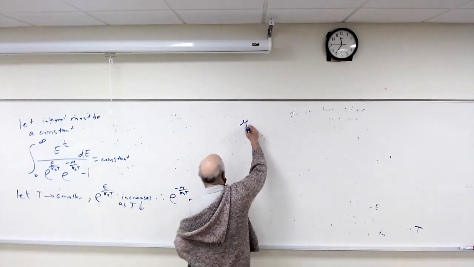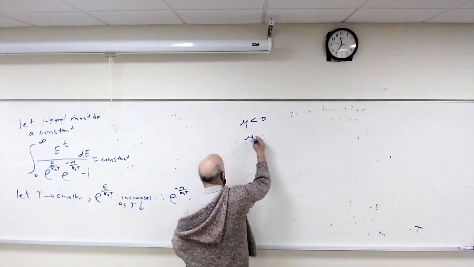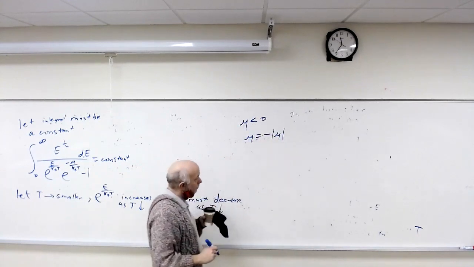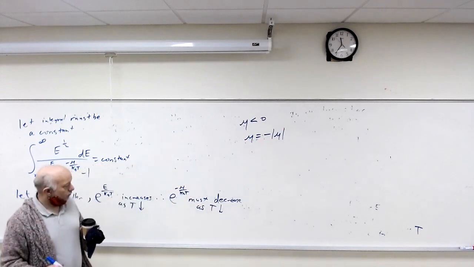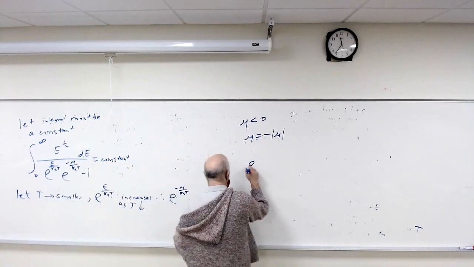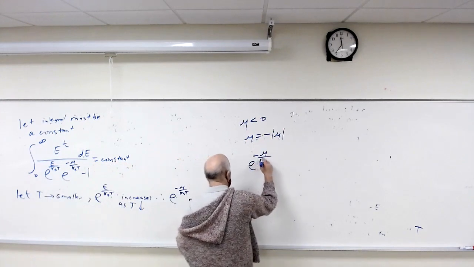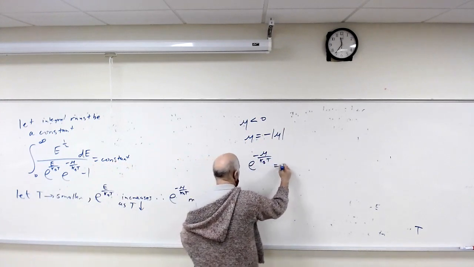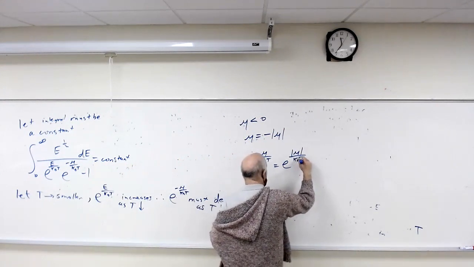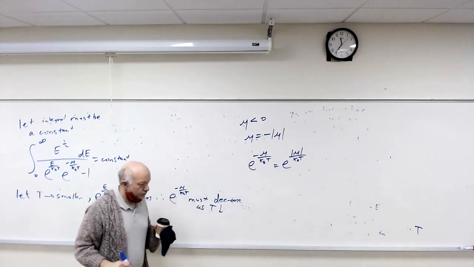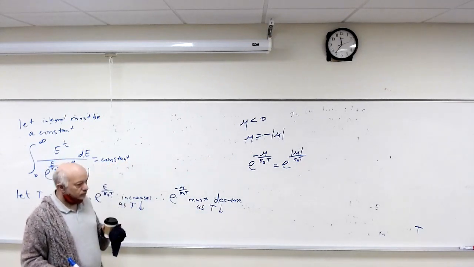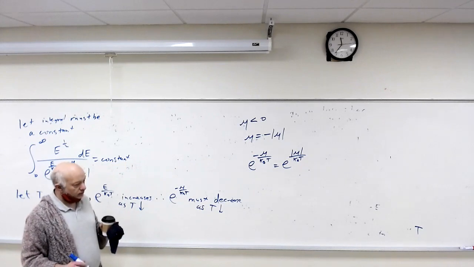We know that this mu is negative, so I can really write this mu as minus the absolute value of mu. That makes sense? So what I really have in this guy here is really that guy here. That makes sense?